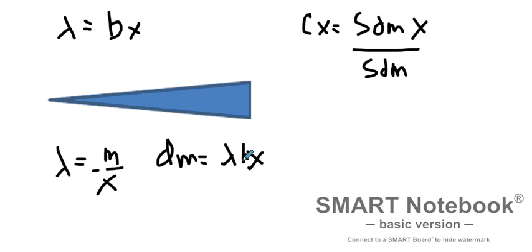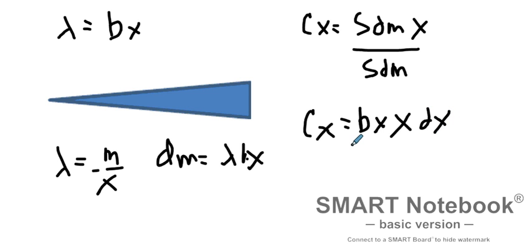So then what am I going to do? I'm going to plug that into here. So my center of mass in the x direction is then going to equal, now I'm going to put in bx for lambda because lambda depends on x. So then I have bx, and I'm going to multiply that by x, and then I'll have a dx in there.